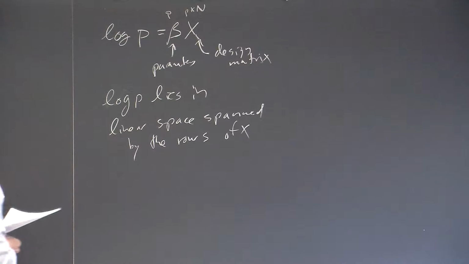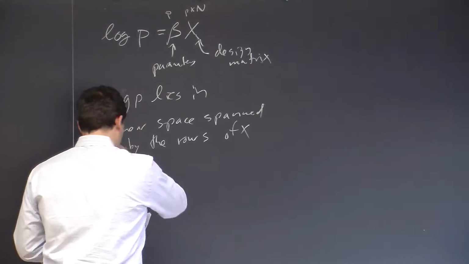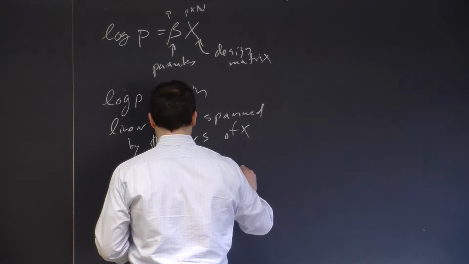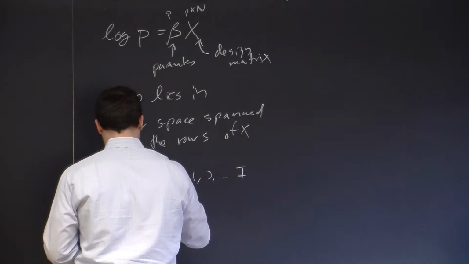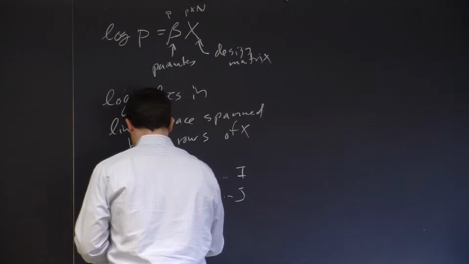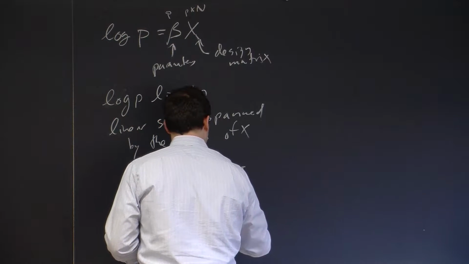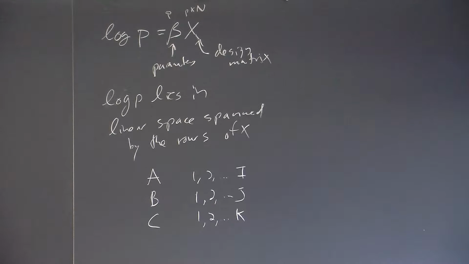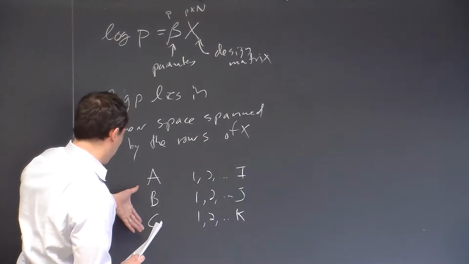But the one idea is to say, well, suppose you have some variables. You have variable A taking values 1 up to I, variable B taking values 1 up to J, and C taking values 1 up to K. When we think about what we observe in the experiment, or what associations we look at in the model, what we're essentially doing is counting how many times things happen.